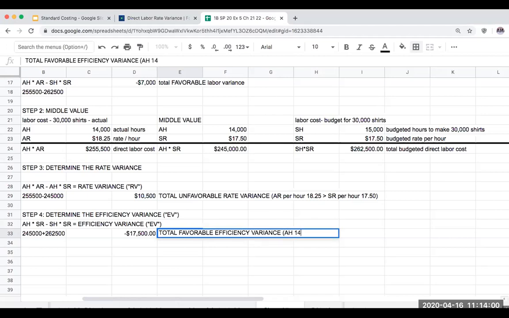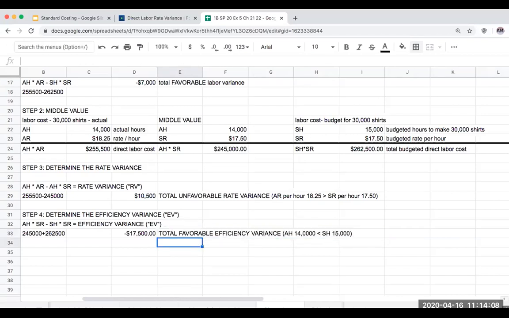My actual hours of 14,000 are less than the standard hours of 15,000. That's what's causing this. So I've got my rate variance, I've got my efficiency variance. Okay, just remember, when we were doing it for materials, it was price and quantity. Variances here, it's labor, it's rate, and efficiency.